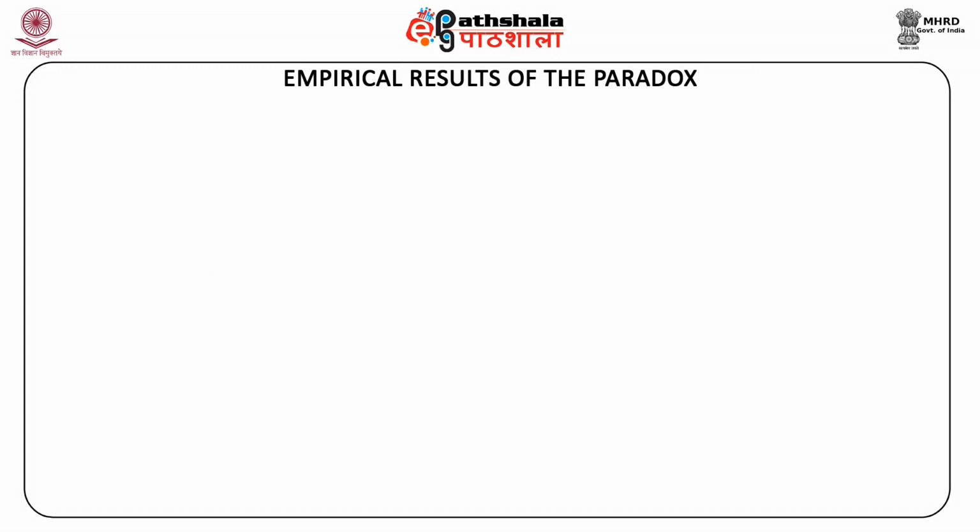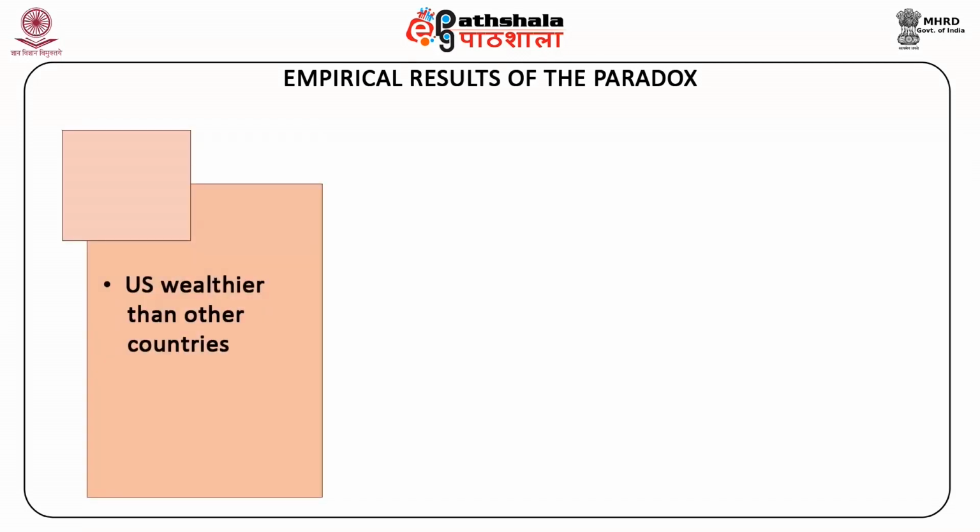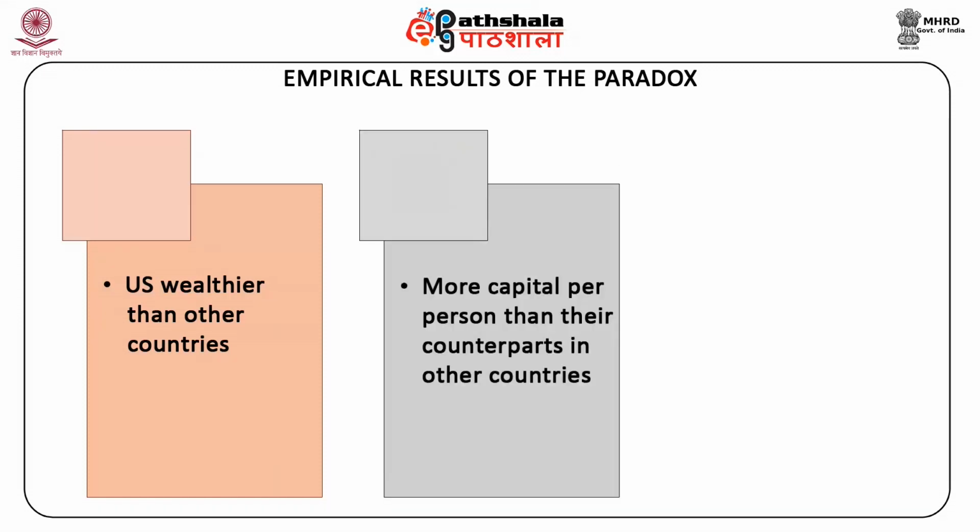The United States has been a special case among countries until recently. The US was, until a few years ago, much wealthier than other countries, and their workers visibly worked with more capital per person than their counterparts in other countries of the world.